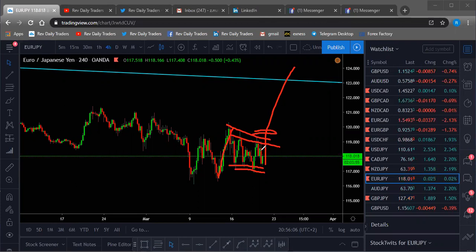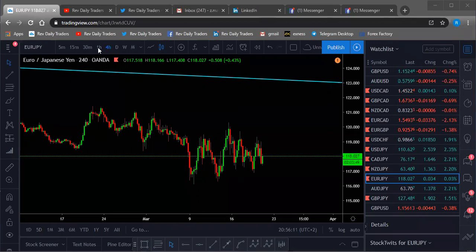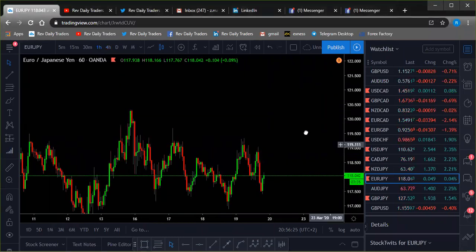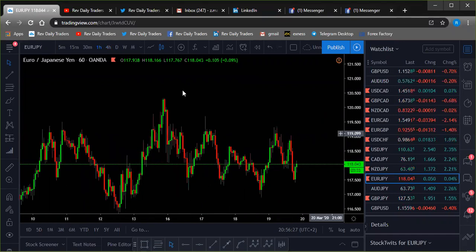Buy the breakout. Or on lower time frame, we are having this kind of price action there. On lower time frame is going to give you many patterns there, okay?